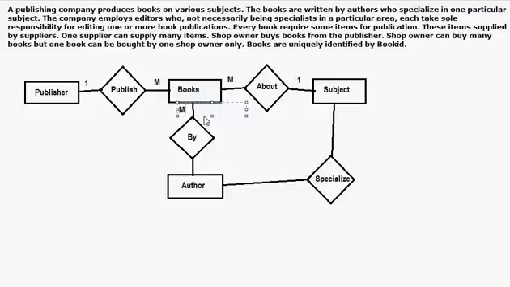So I am making it a many to many relationship. Let me repeat: if one author could write only one book, then it would be many to one, but in this case I am assuming that one book can be written by many authors also.